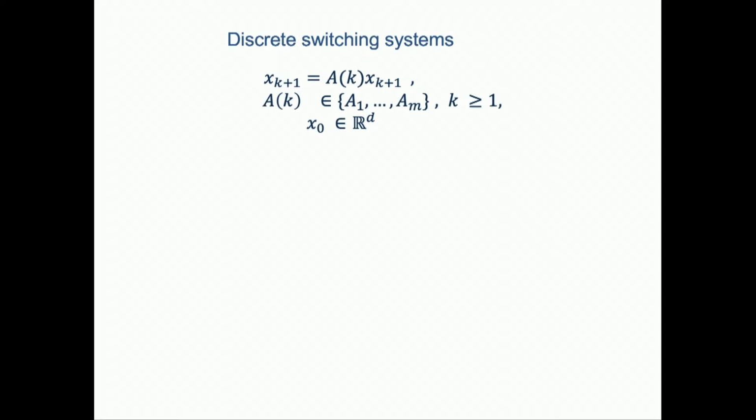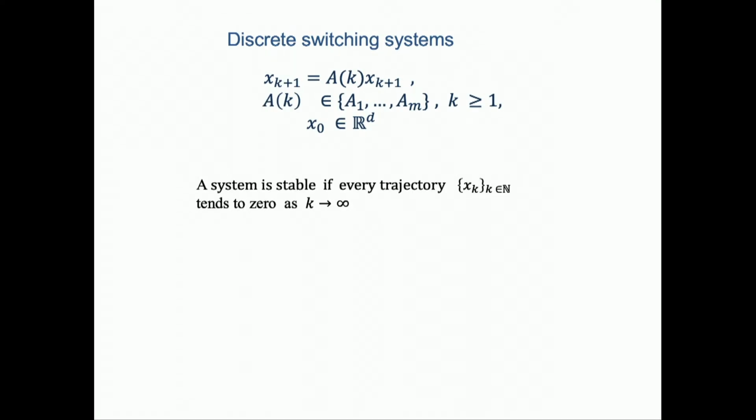And this stability now means that all trajectories converge to 0. So this means that the fastest growing trajectory converges to 0, independently of the choice of our matrices. So this is a controlled system, and independently of the control, it must be asymptotically stable.